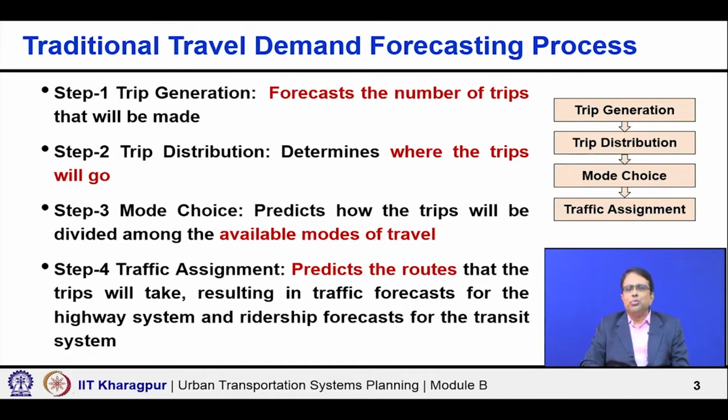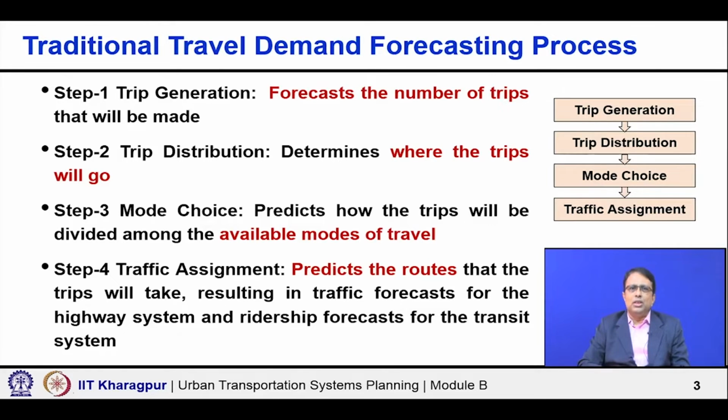Obviously, with a personalized mode, if you are traveling in a private vehicle, you have much more choice, right. Any route, if you wish, you can take. Buses follow a fixed route, because normally bus routes follow a certain sequence of links or a predetermined path.